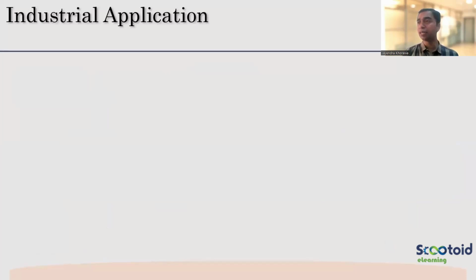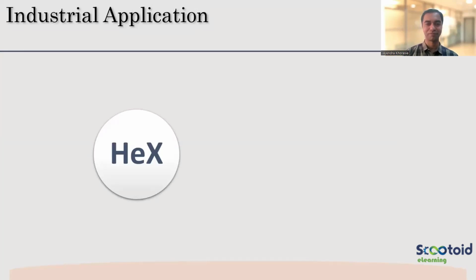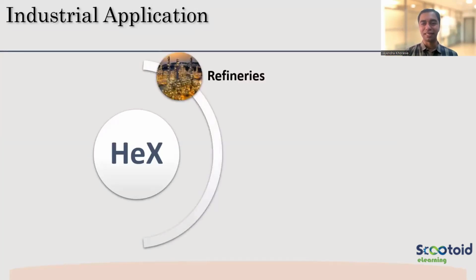Now let's see some of the industrial applications where heat exchangers are used. So where are heat exchangers used? Refineries. Very important. Wherever I want to do a heat transfer, I will use a heat exchanger.